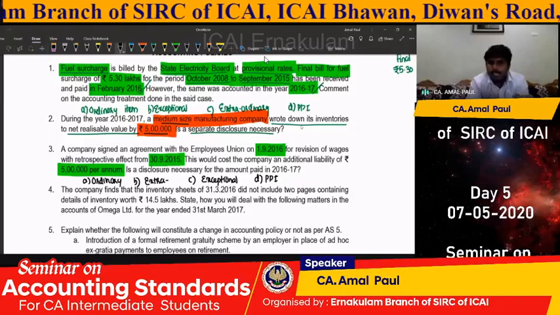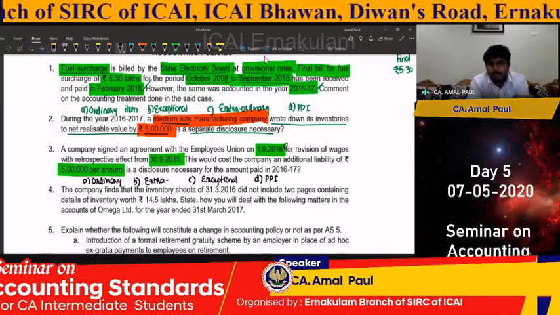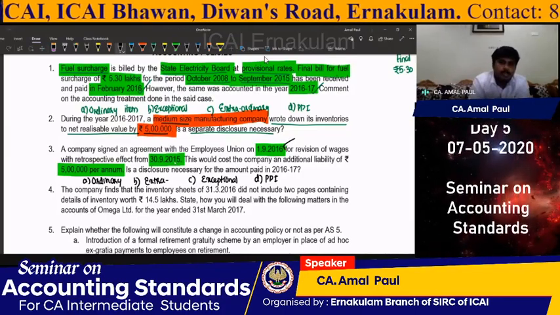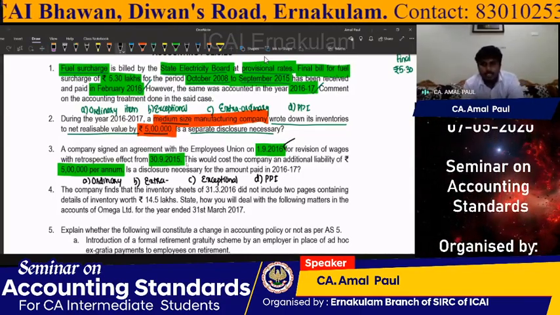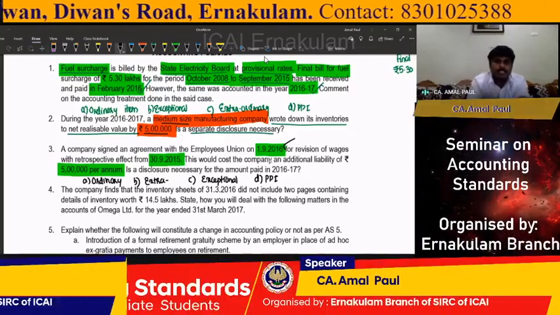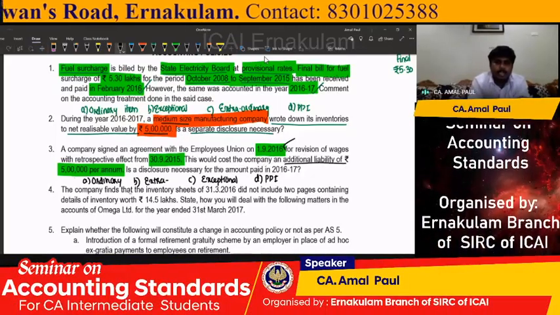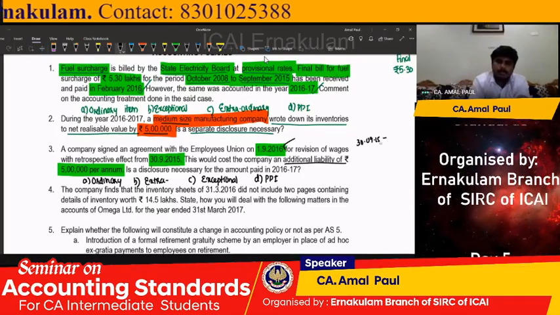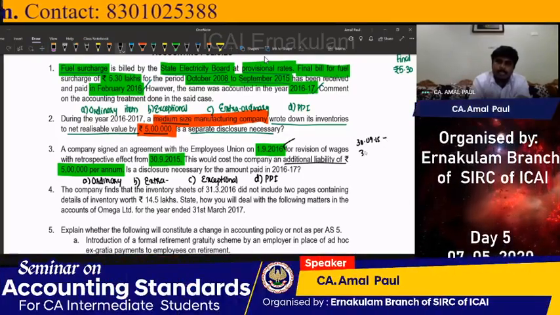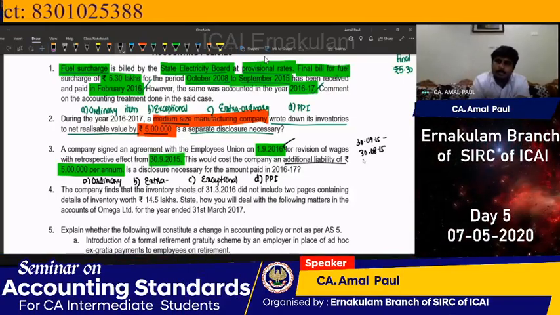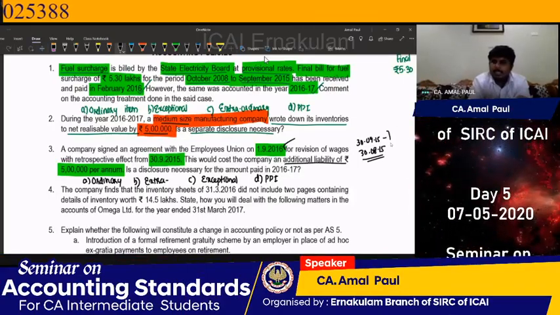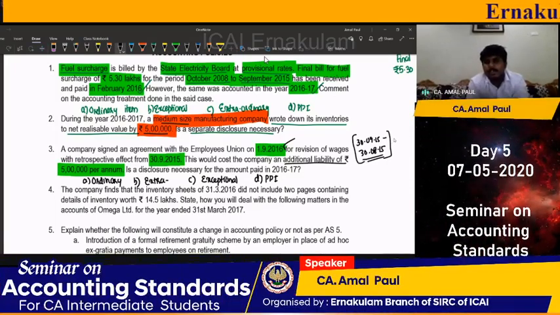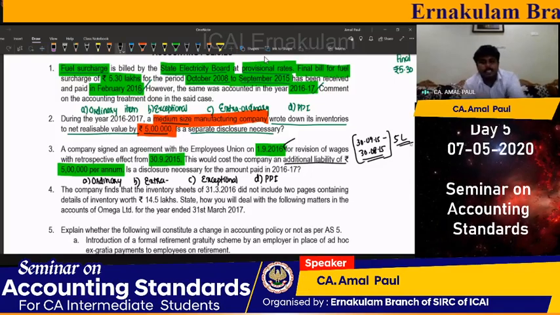Okay, you had entered into an agreement with the employees union on 1/9/2016 to revise the wages from 30/9/2015. Due to this there is an additional liability of 5 lakhs. For this period they had paid lesser wages, and for this you have to additionally pay 5 lakh rupees.